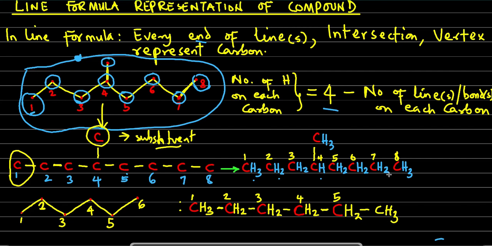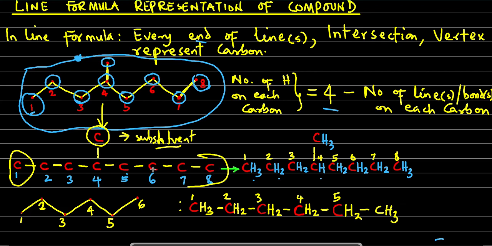You may want to ask why. Now look up here again. If you look at this particular compound that did not add hydrogens, you realize that the terminal carbons, carbon 1 and carbon 8, have just 1 line attached to them. So the number of hydrogens present on those will be 4 minus 1, which is 3.